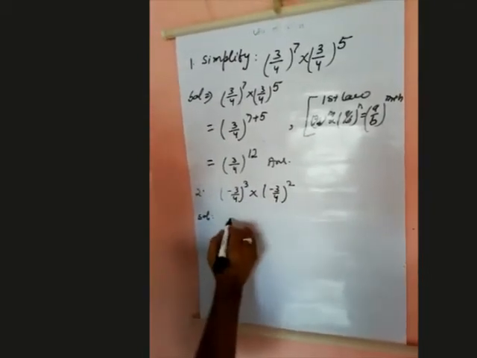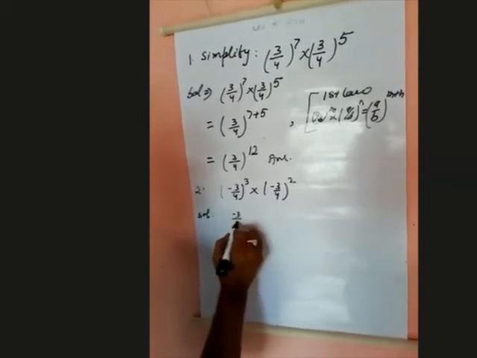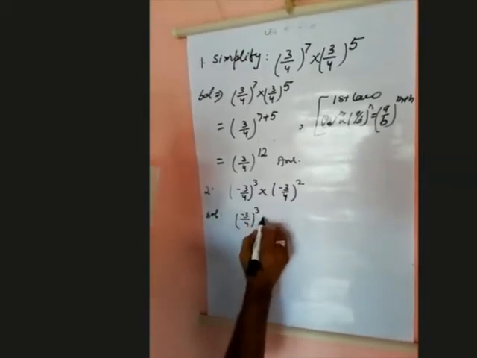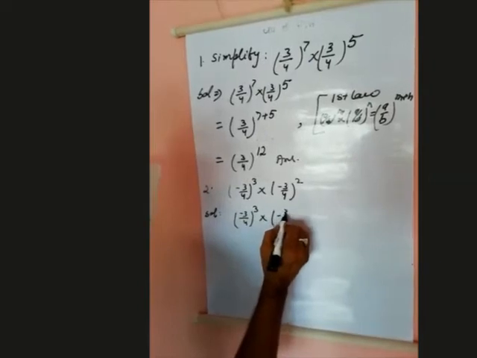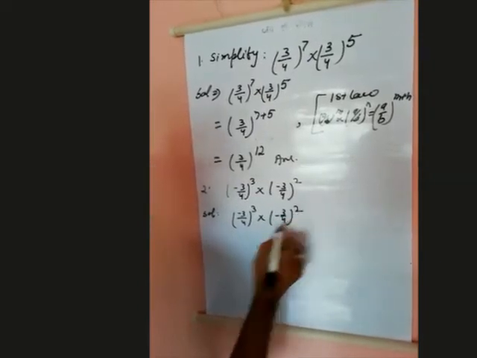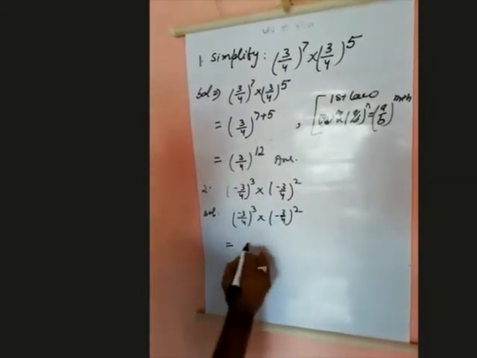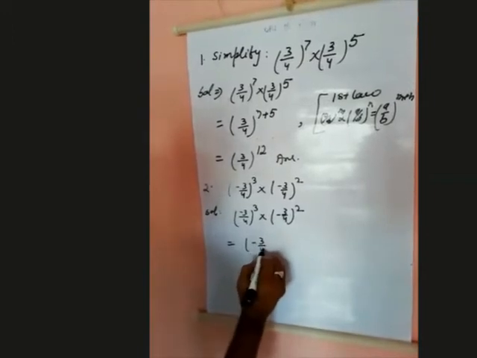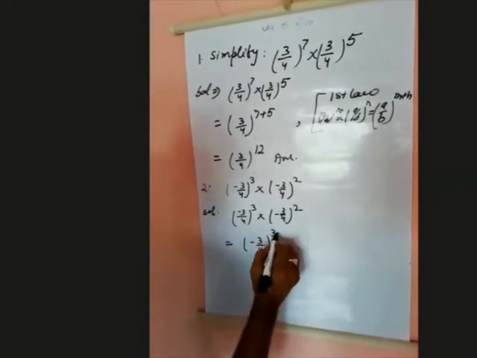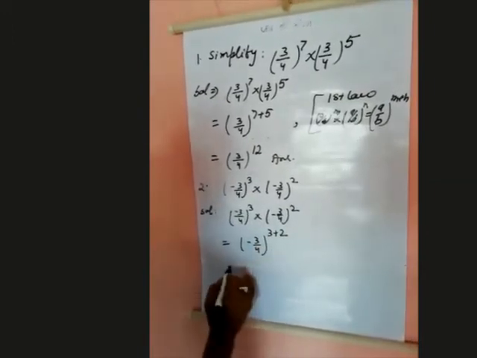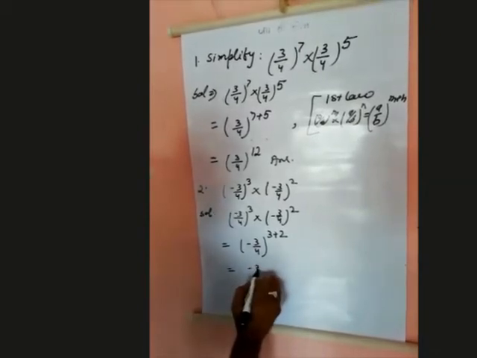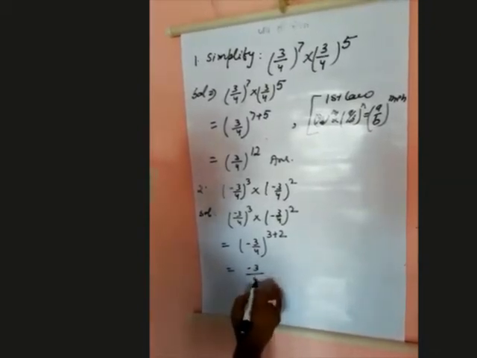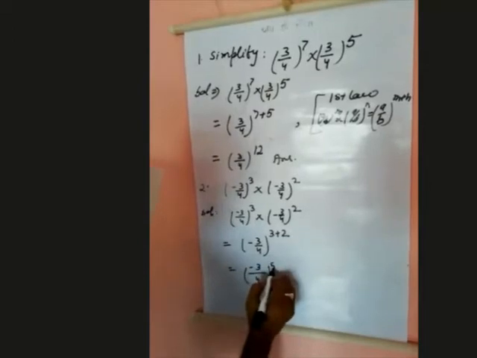So we write (-3/4)^3 × (-3/4)^2 equals (-3/4) to the power 3 plus 2, that is (-3/4)^5.